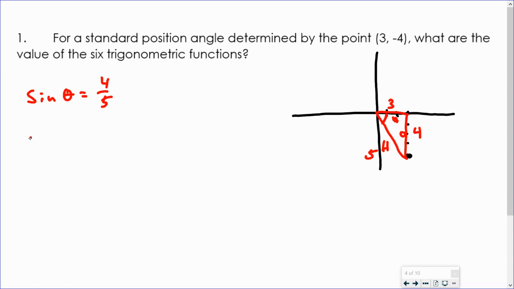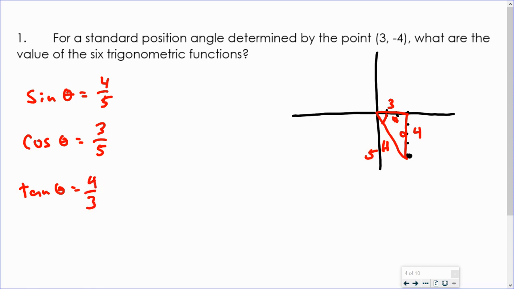The cosine of theta is equal to 3/5, adjacent over the hypotenuse. And the tangent of theta is going to be the opposite over the adjacent, so that's 4/3.